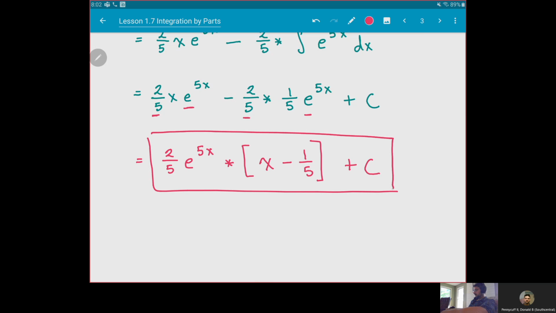Now, you might be asking yourself, does it really matter to pull out the 2/5 e to the 5x? In Calculus 2, no. In Calculus 4, yes, because I'm going to ask you to solve that, or I'm going to ask you to find the plus c, or I'm going to ask you to do something with that next. And when things are factored, they are easier to work with.